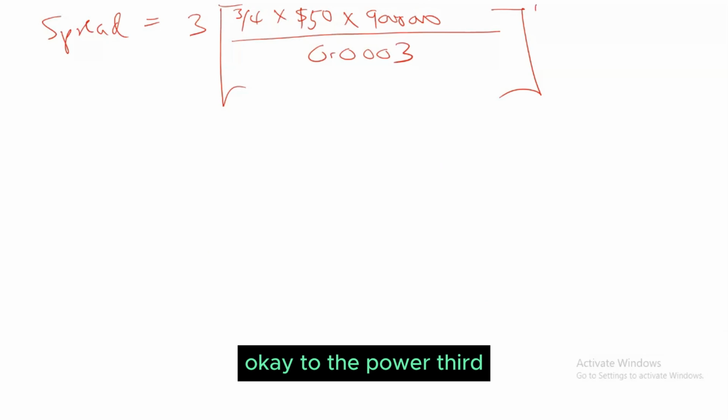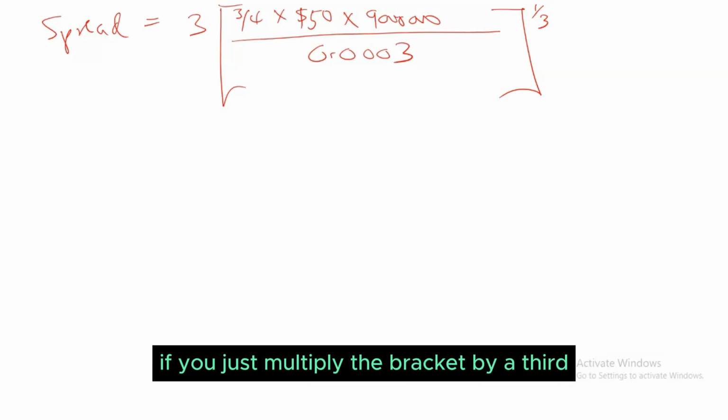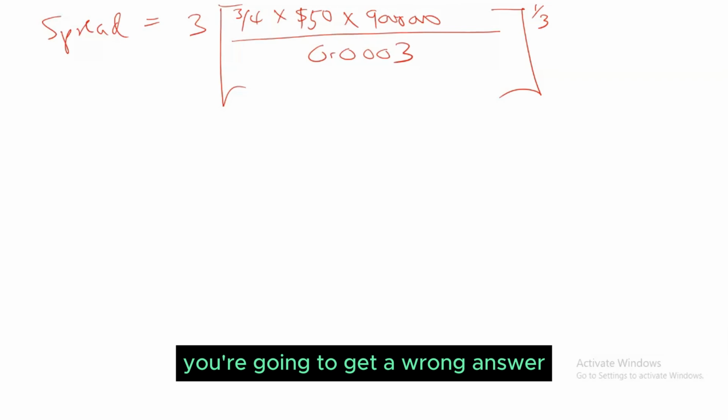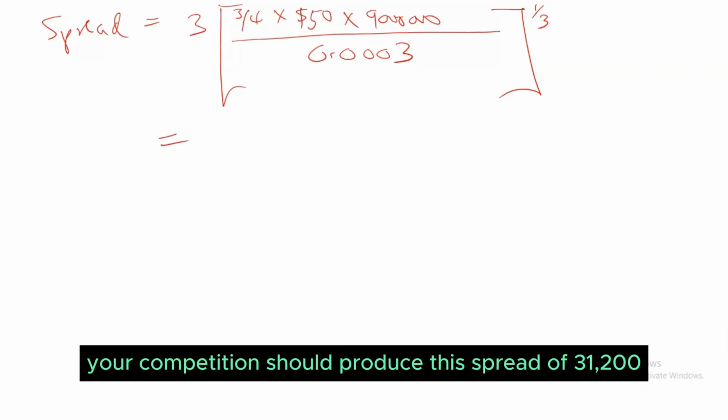Then, to the power third. Just make sure that you treat that as a power. If you just multiply the bracket by a third, you are going to get a wrong answer. So your computation should produce this spread of 31,200.